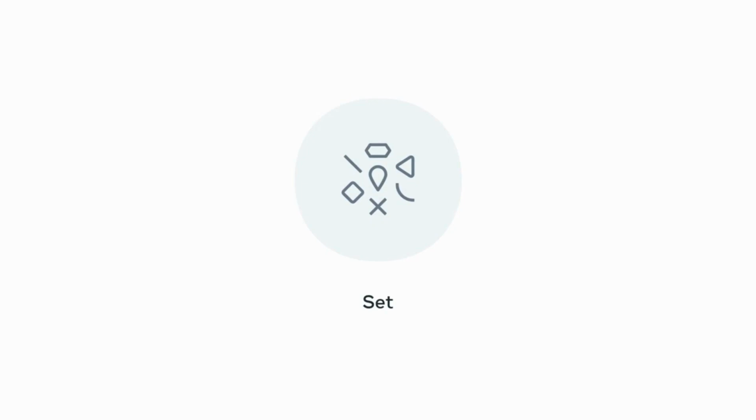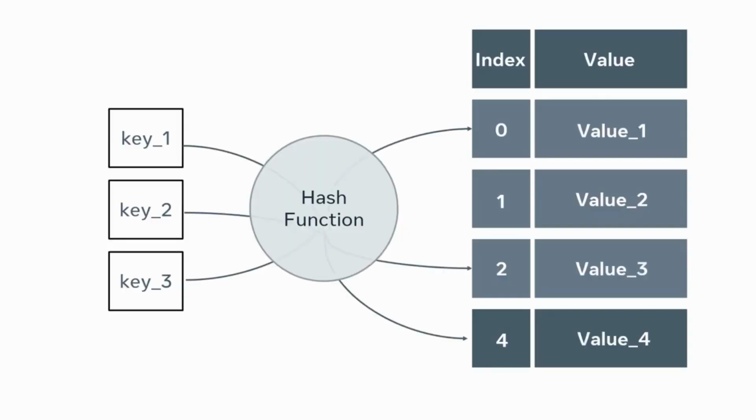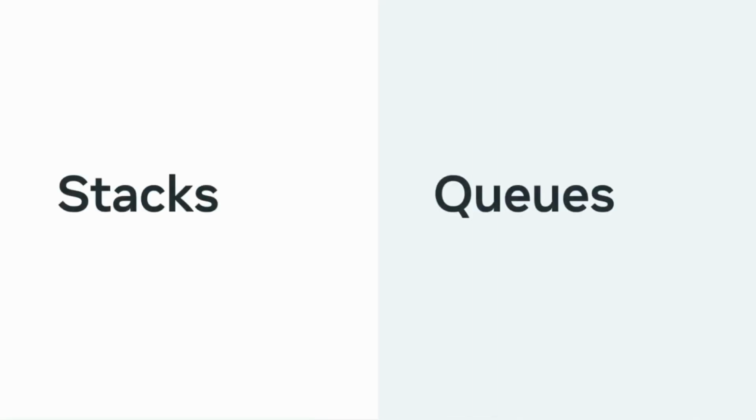A set is very similar to a list. However, a set will store its elements in an unordered way. Following sets, you were introduced to the hash functions and their role in searching in sets. Sets are exceptionally fast to search. You then moved on to the next video on stacks and queues in the same lesson. To refresh your memory, stacks and queues are abstract data structures that have many different implementations depending on the programming language.